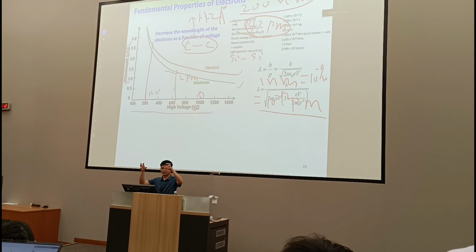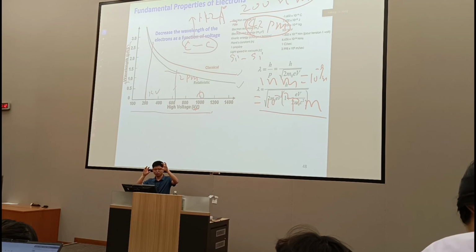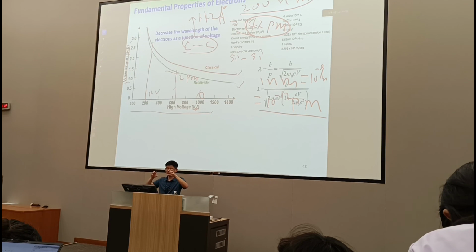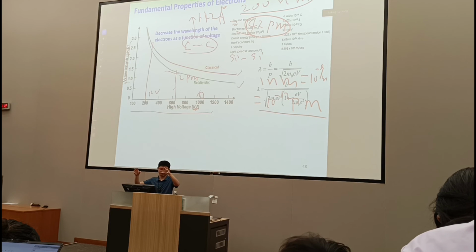So two atoms are separated by 142 picometer. Then your individual electron wavelength is 2 picometer, which is much smaller than the two objects you are going to differentiate, right?